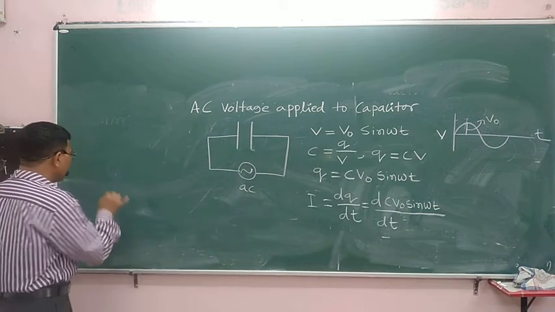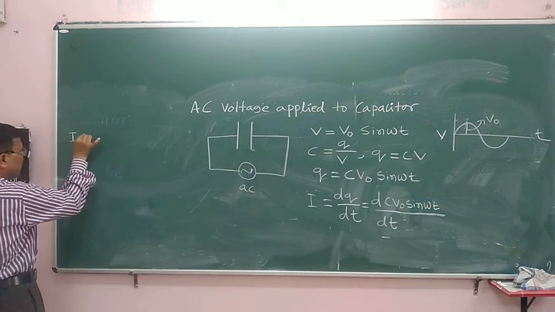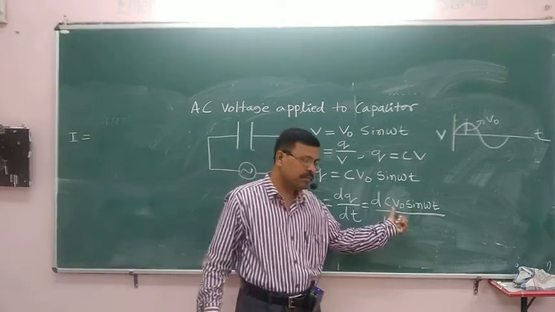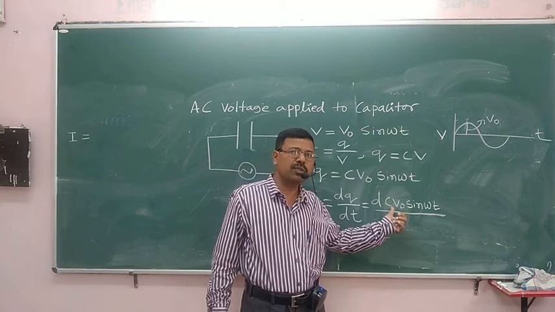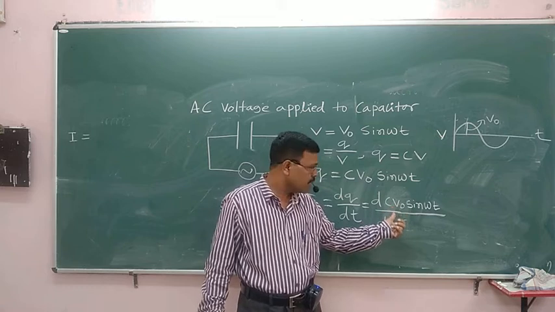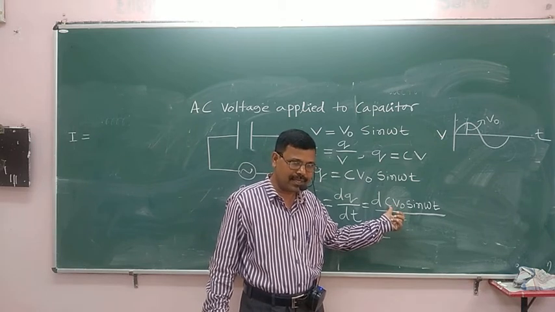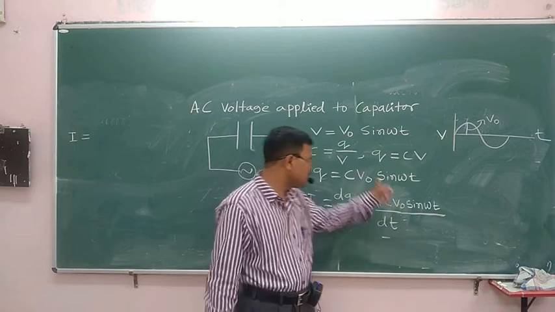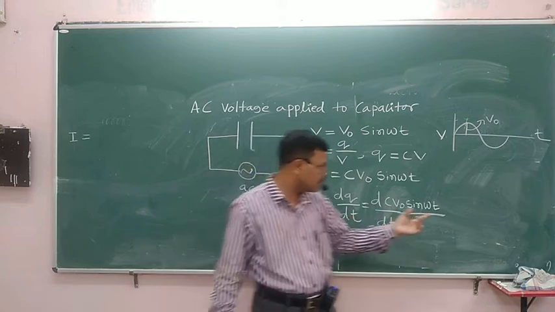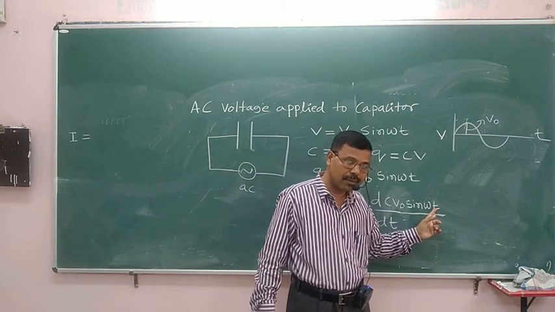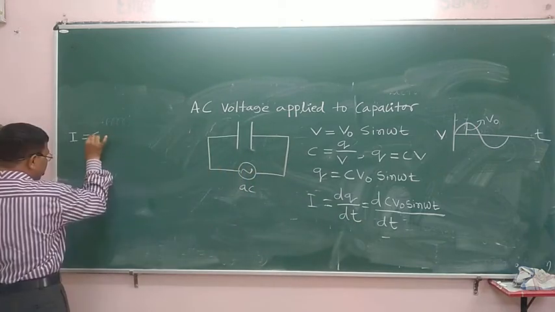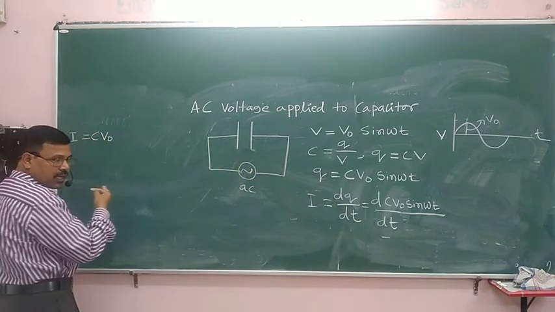Now if you differentiate this equation, the capacitance of the capacitor, which is measured in farad, is a scalar quantity. That is constant. Maximum voltage is also constant. Which is variable here? t is variable.